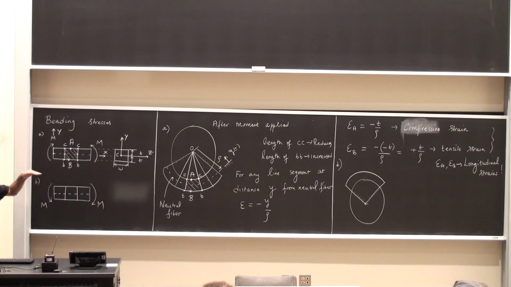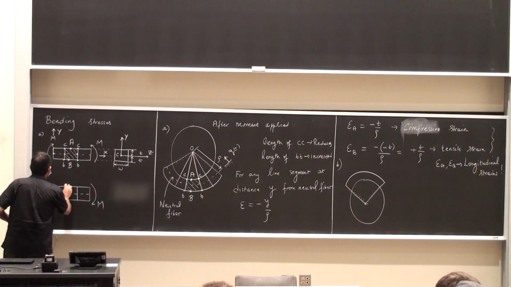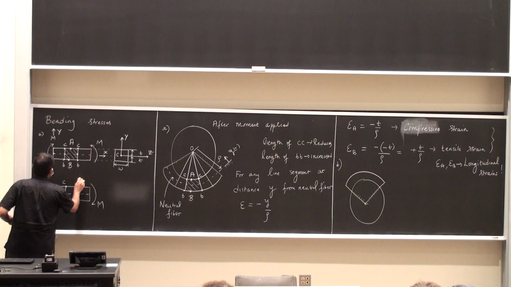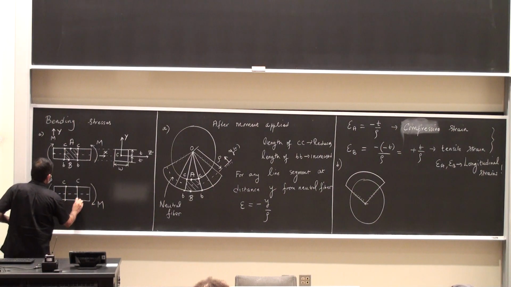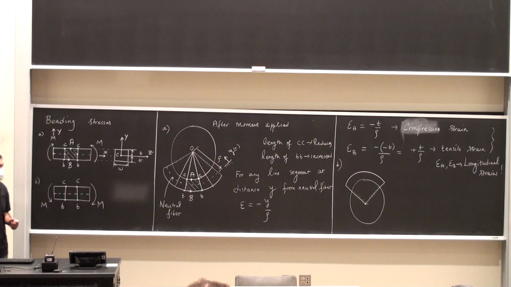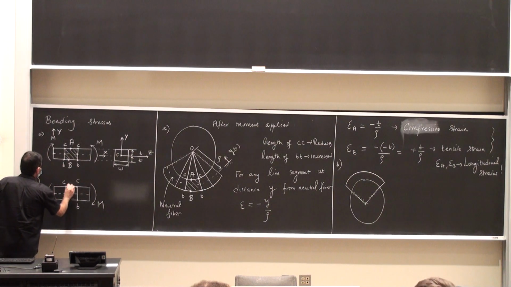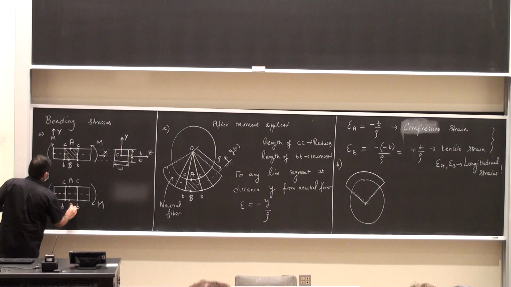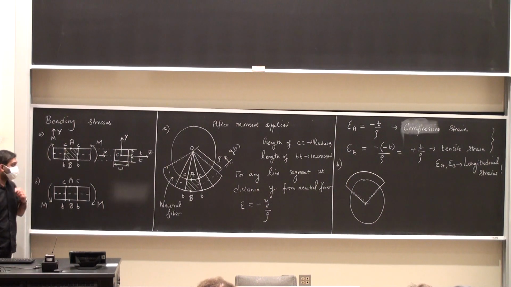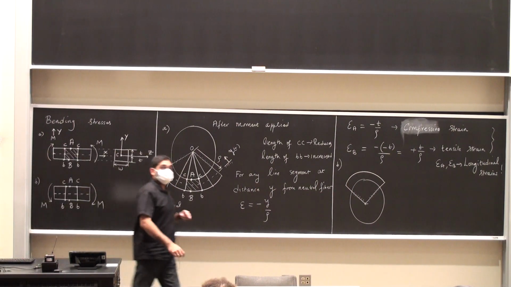This is once again the neutral fiber, the dotted lines. This is, let's say, C, C, B, and B. And if I call this point A and point B, now let me draw the CC and the BB here.